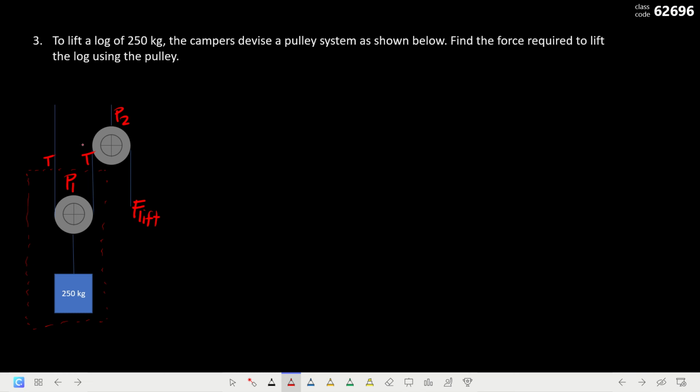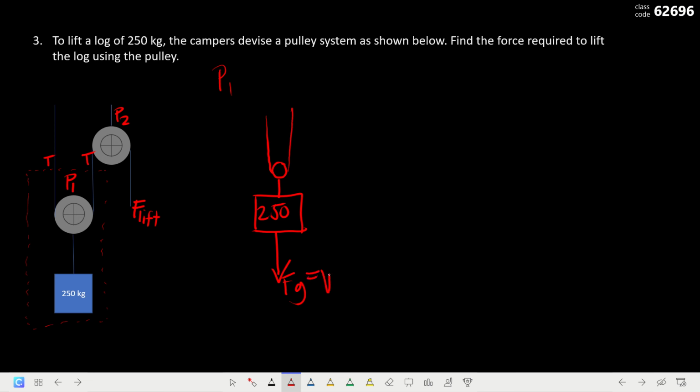To solve for this, let us analyze our pulley number 1. For pulley number 1, we have a mass of 250 kg that is initially at rest. This mass is acted upon by the force due to gravity. The mass is connected to a pulley system. We have here string number 1 and string number 2. These two strings support the weight of the object.